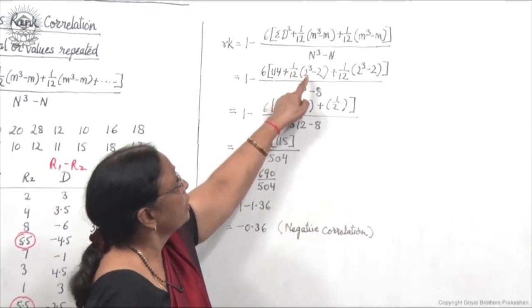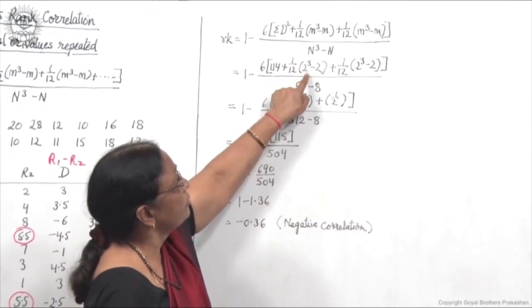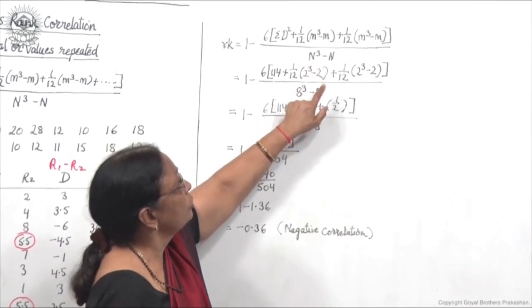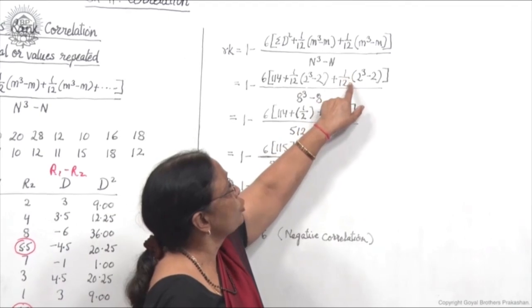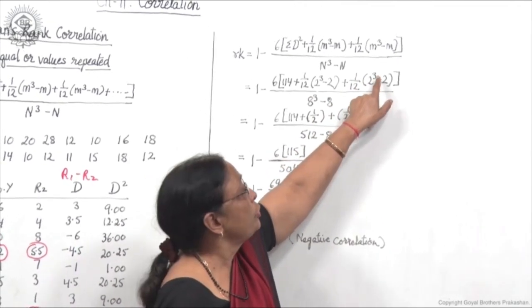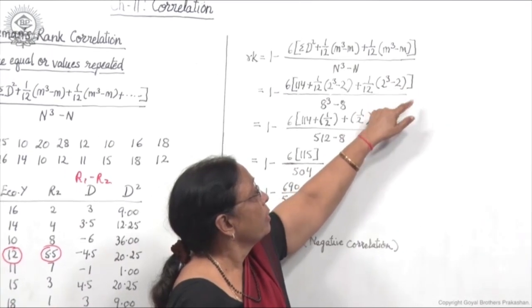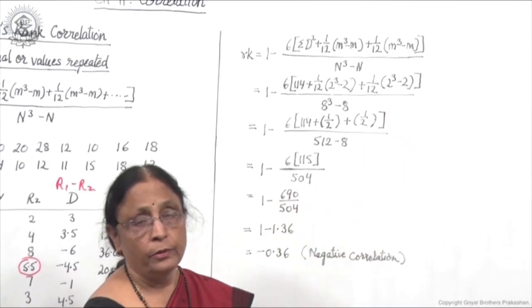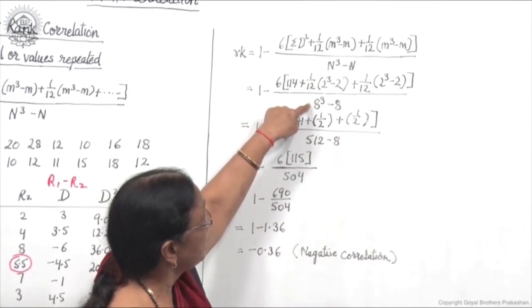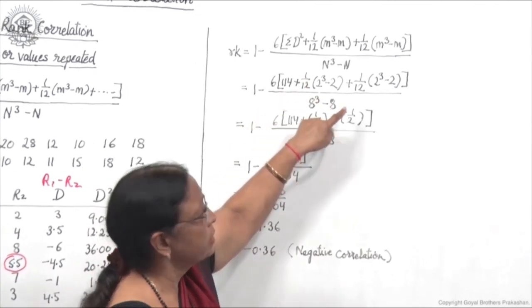So here in our case, in the x series it is repeated twice. So 2 cube minus 2 plus 1 upon 12. In the y series also it is repeated twice, 2 cube minus 2, put the bracket, right, upon n, the number of observations, these are 8, 8 cube minus 8.